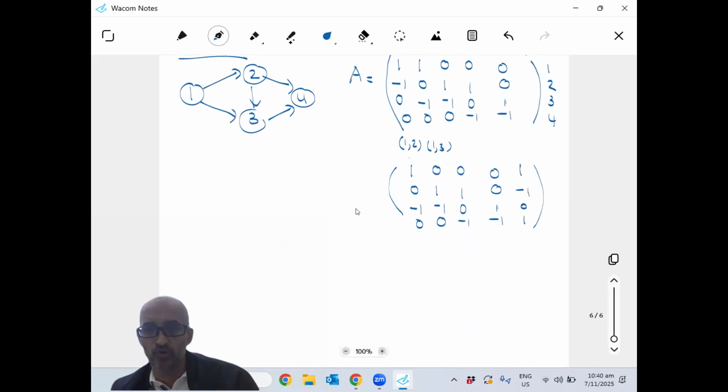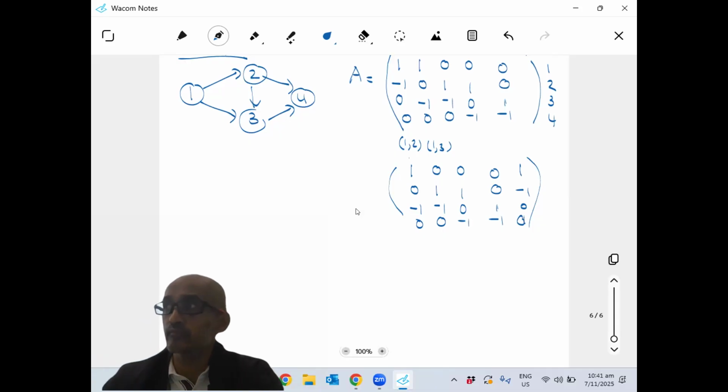Every column here has exactly one +1 and one -1, because an edge involves only 2 nodes, one outgoing, one incoming. So this is just a reordering of columns, as long as it's clear that this column corresponds to link 1,2 in the graph.